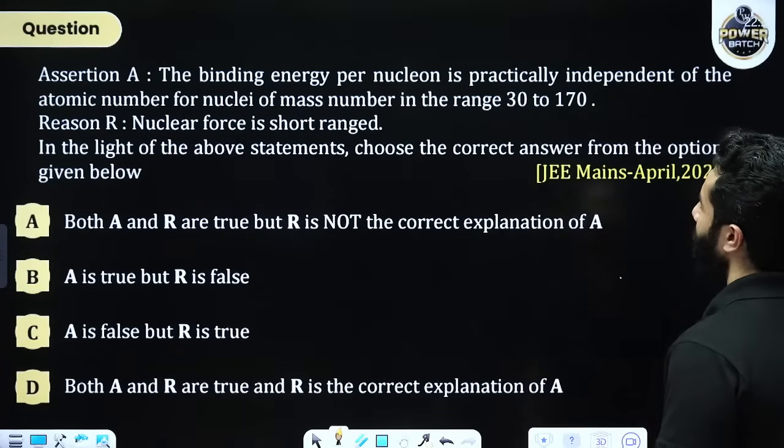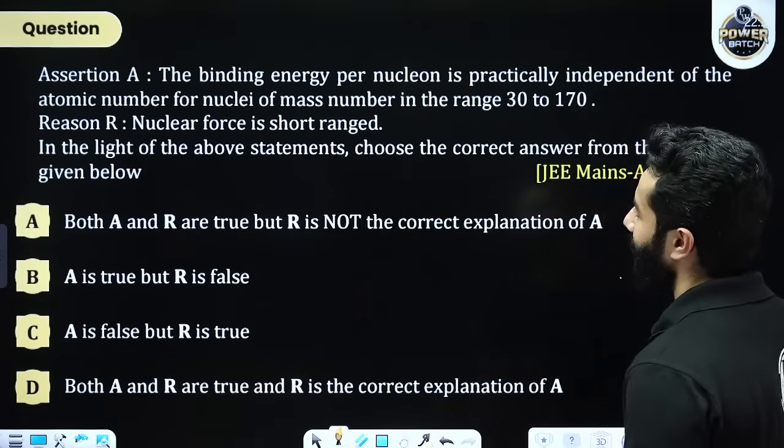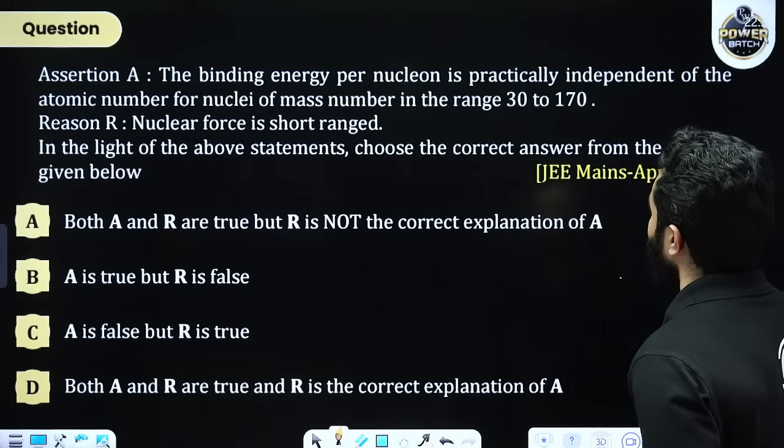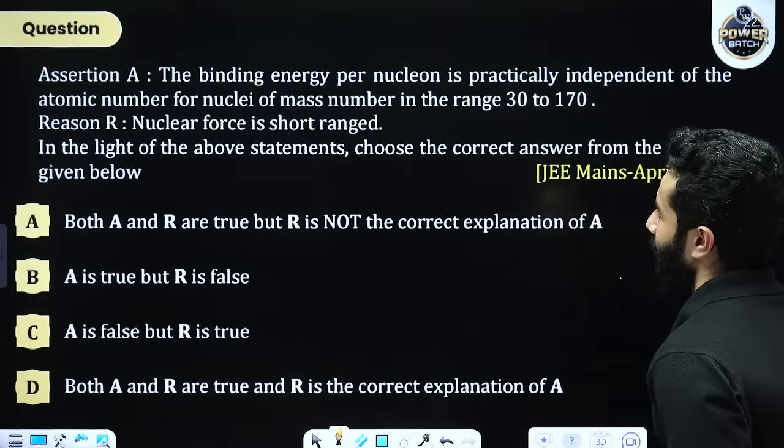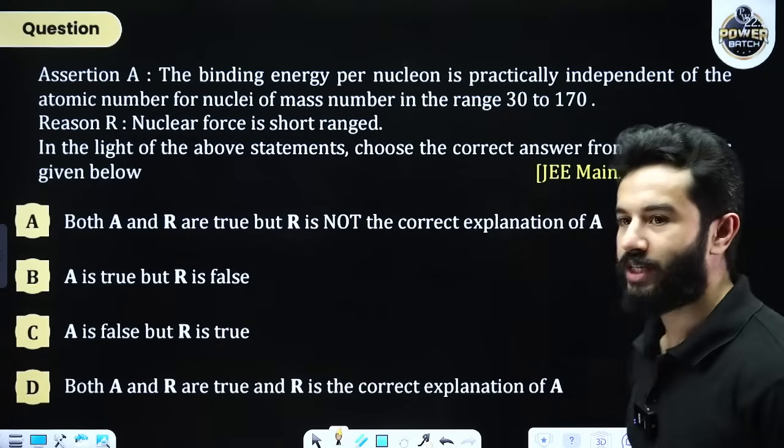The binding energy per nucleon is practically independent of atomic number for nuclei of mass number in the range 30 to 170. Reason: nuclear force is short range. Chalo, tell me the answer.